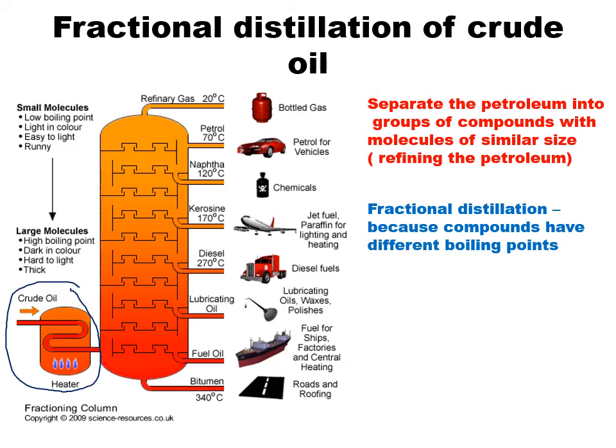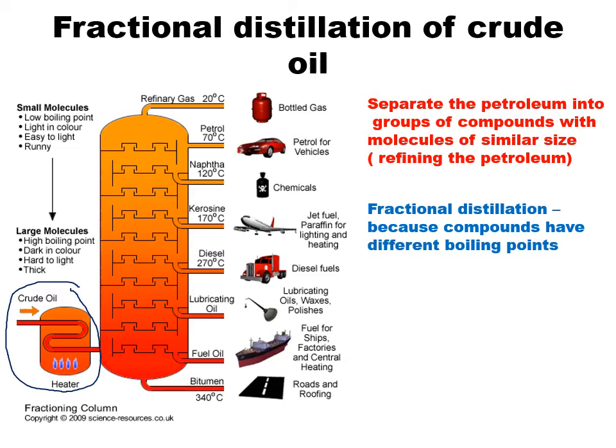If you take a look at the top of the fractionating column, you have the lowest boiling point. We can translate that into small molecules, because small molecules have lower boiling points, and usually they are lighter in color, easy to light, and runny.